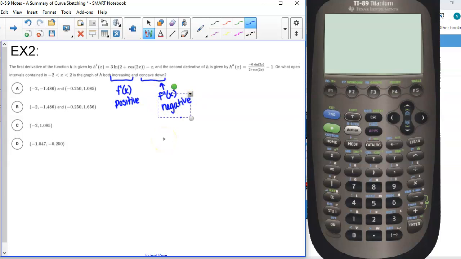Okay? To make this a little bit quicker, if the second derivative is negative, what does that tell you about the first derivative? It is decreasing. Okay?